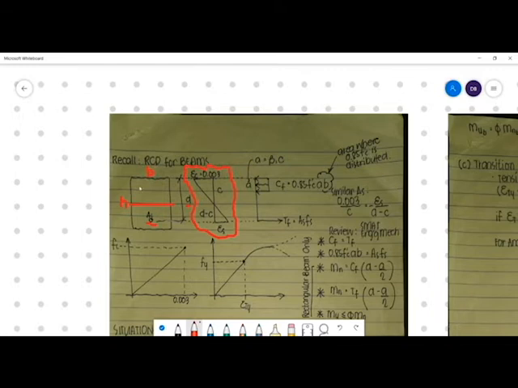So may sinabi si NSCP na yung 0.85 f prime c or the 28-day compressive strength can be assumed to be uniformly distributed at a distance a or alpha from the top compression fiber.